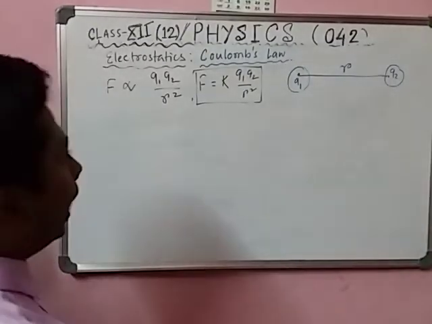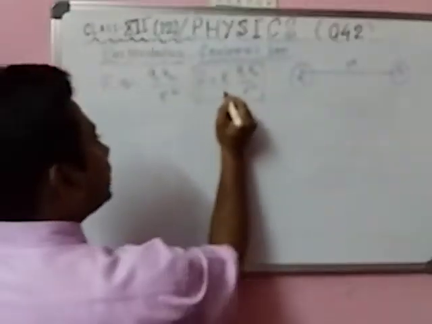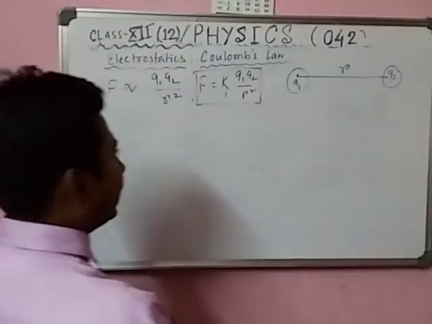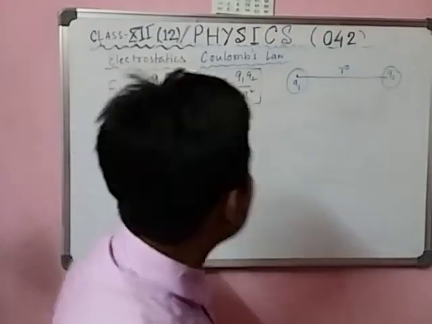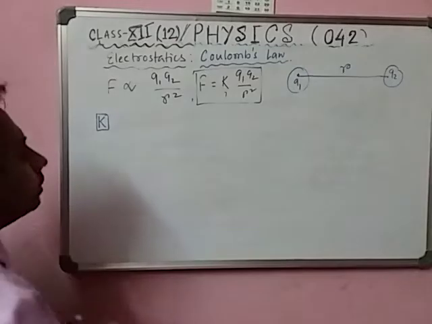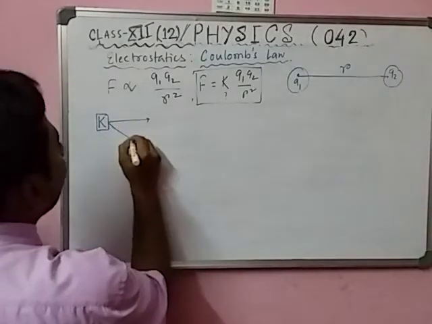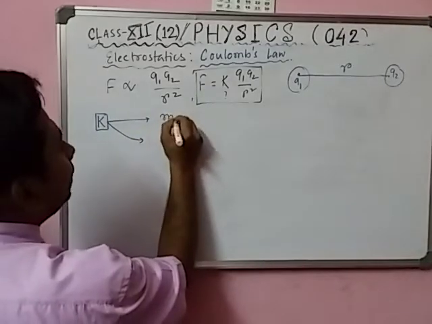Now the question is the value of K. What is K? Students, this proportionality constant K depends on two things. Number one, the medium.